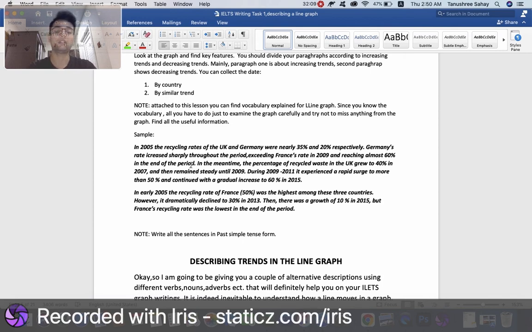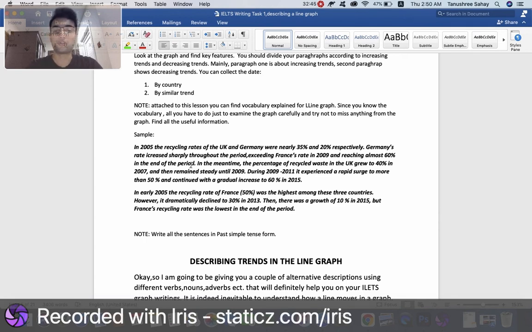So if your data is not accurate, then you should use nearly, approximately, about, roughly. You can see many more down below in your vocabulary list. So please learn them and also use them, but do not repeat one word a second time because it's not good. It's just going to cut your score. So in 2005, the recycling rates of the UK and Germany were nearly 35% and 20% respectively. Respectively is a good word. I just explained what it is.